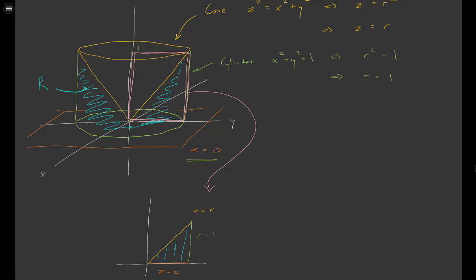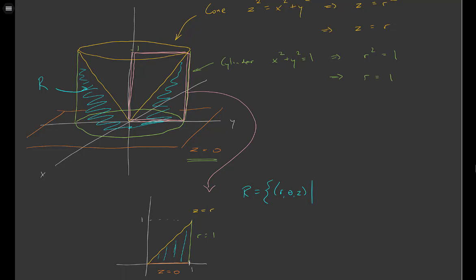We can do this by writing down a series of inequalities. So we can say R is equal to all points r, theta, z such that, and now we have to put constraints on r and z.